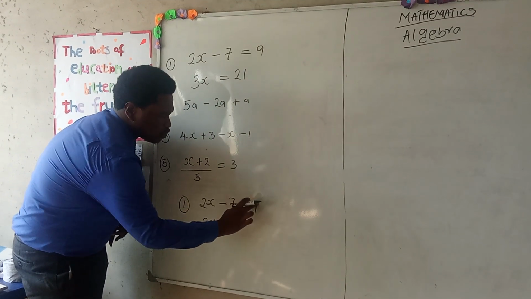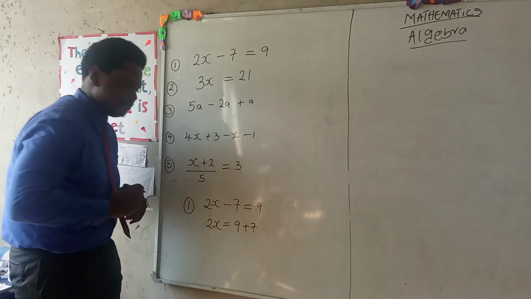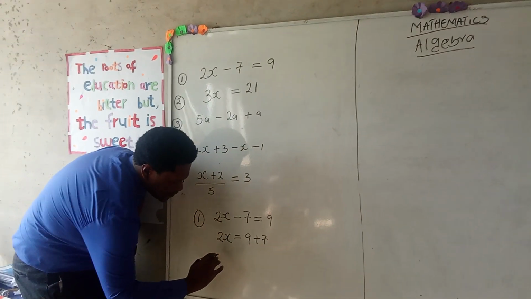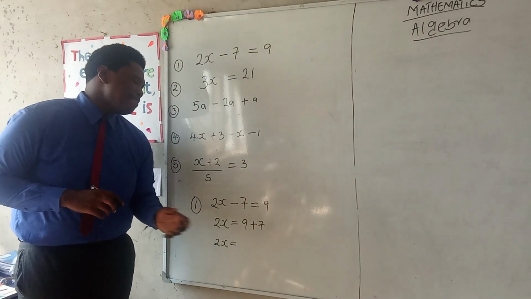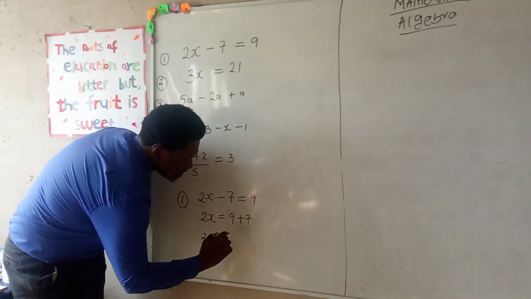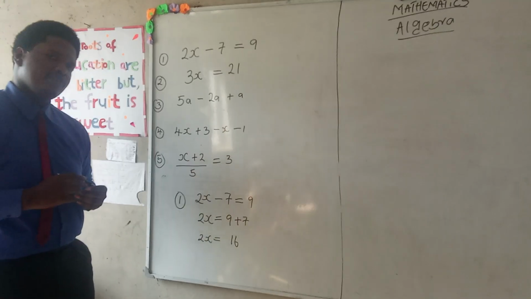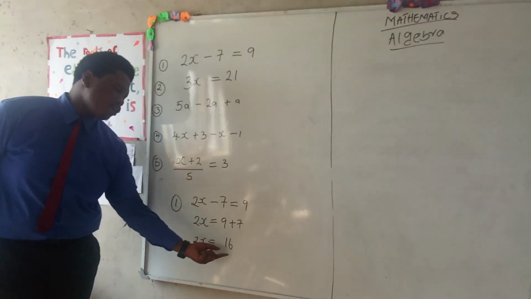If negative 7 crosses over the equal to sign, it becomes plus 7. So we have 2x is equal to 9 plus 7, and 9 plus 7 will give me 16. So at this point, I have 2x is equal to 16.